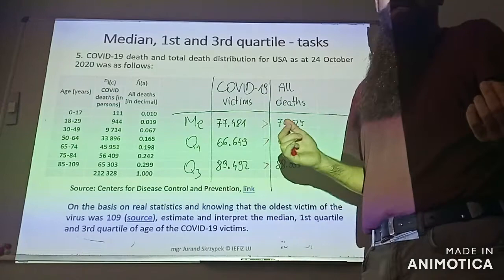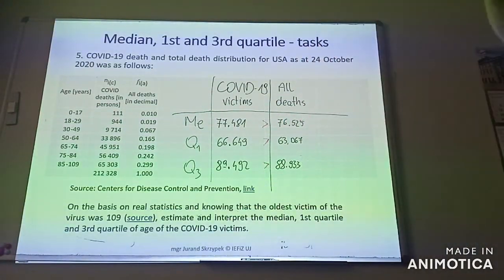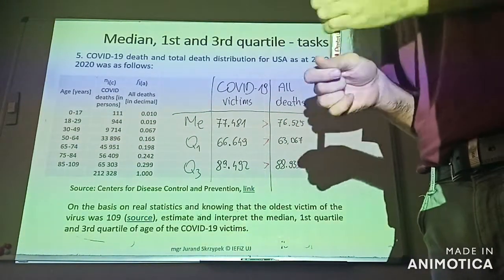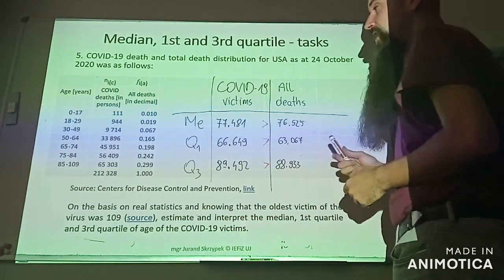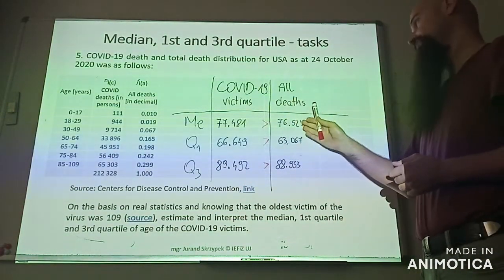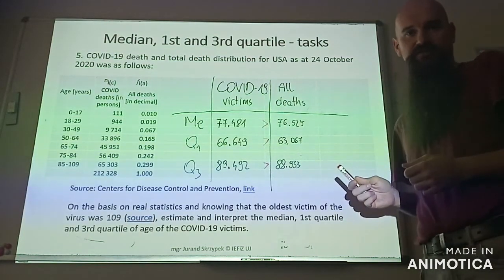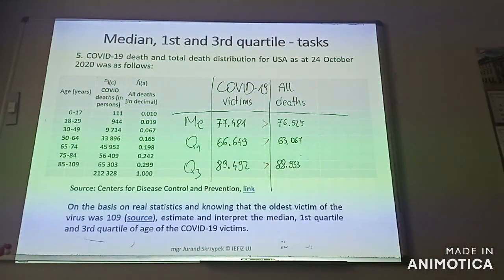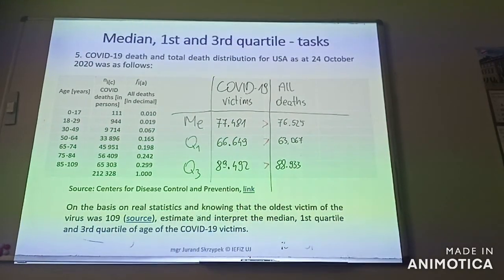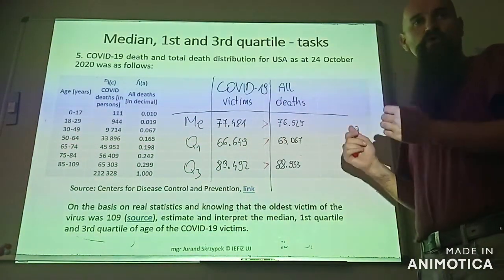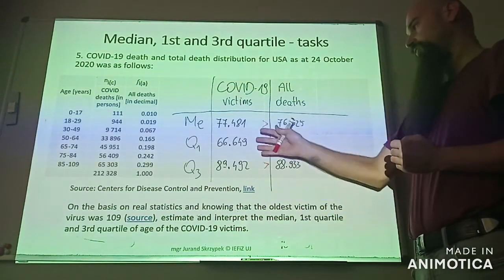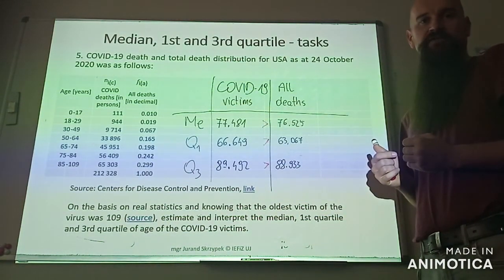It means that in this manner, people older than usual die because of COVID in comparison with all deaths. So we confirm that the virus is the most dangerous for the oldest people.